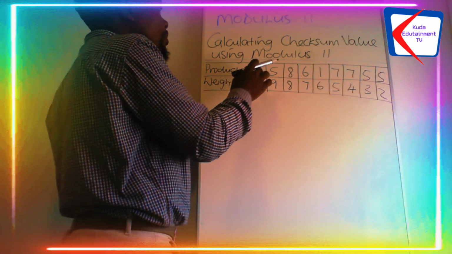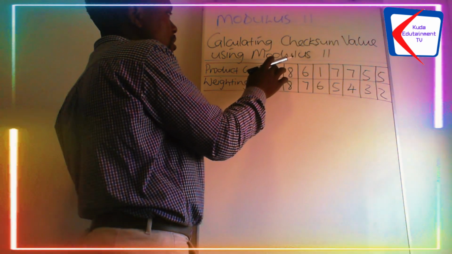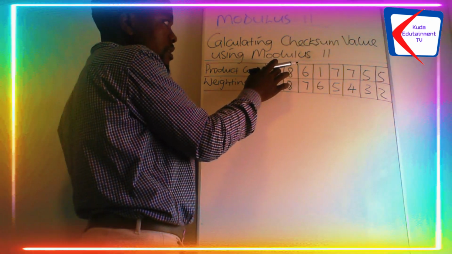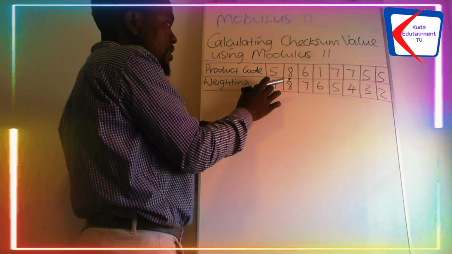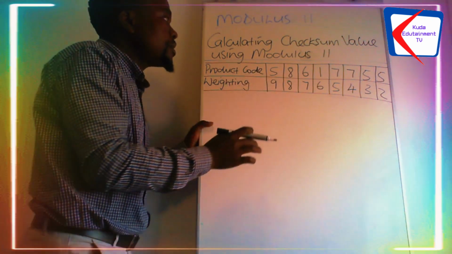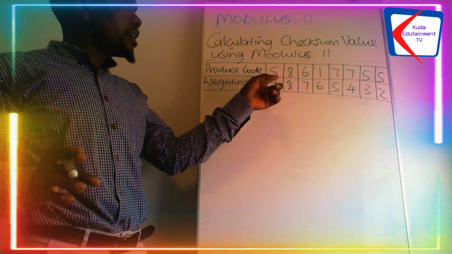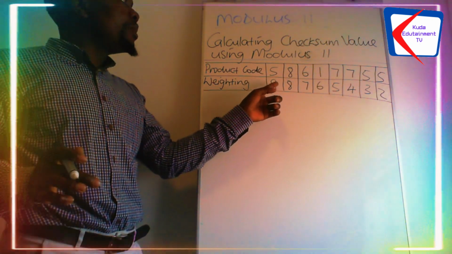Now we multiply each single digit of the product code against its weighting, and then we add.